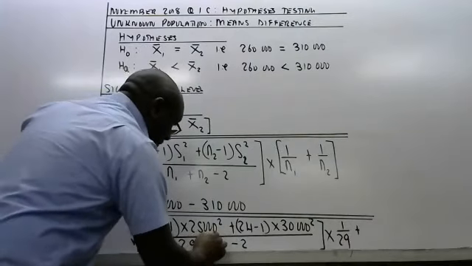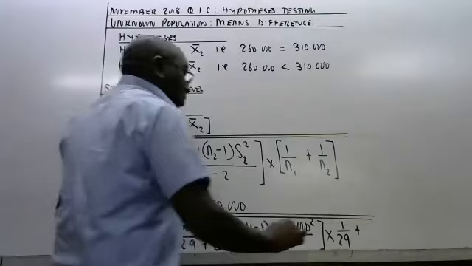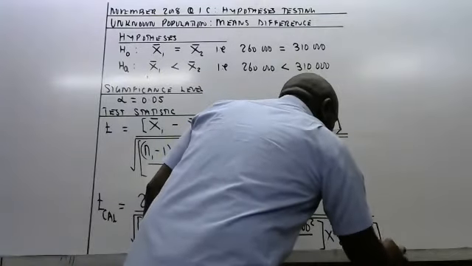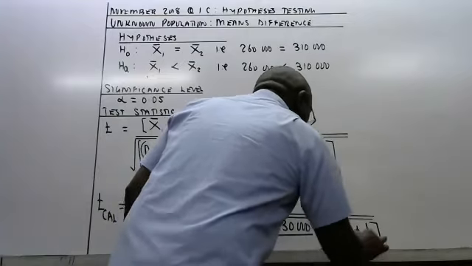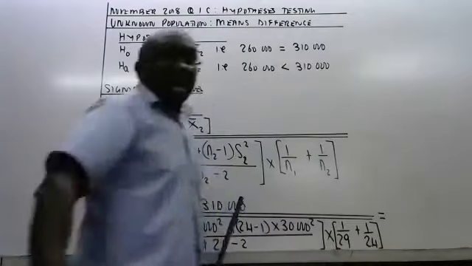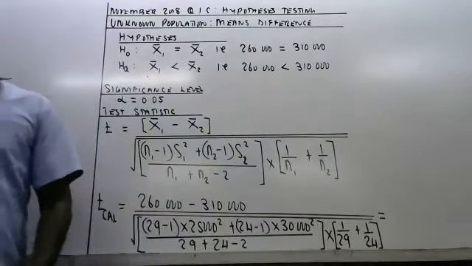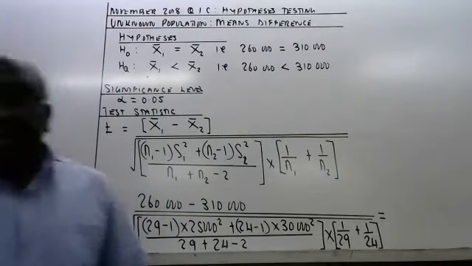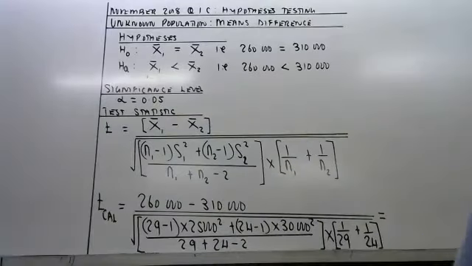This is 24, 1 out of 24. So work out that and then give me the answer. Work out that and save the answer.